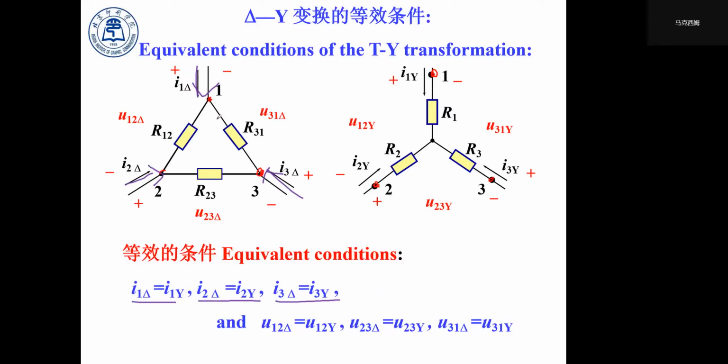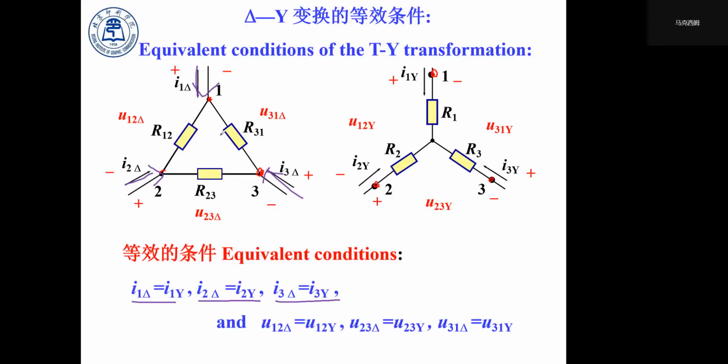The inside could be different, but we don't care. We just have to make sure that, from the outside perspective, the current that flows through each of the 3 terminals of the network is identical.